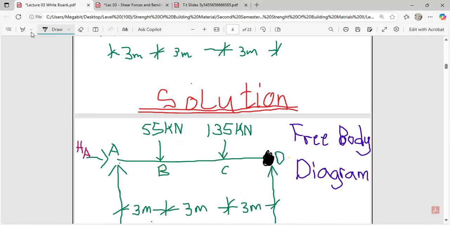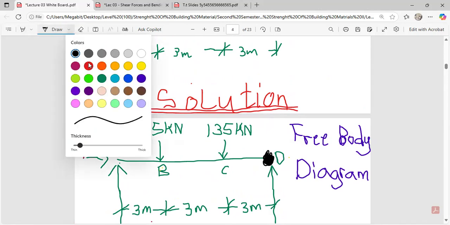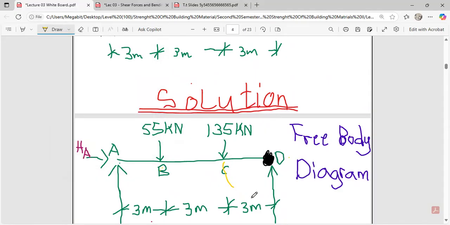If we stand over here and we open our compass to here, 135 is going to perform an anti-clockwise movement. So it's going to be positive 135 times 3.